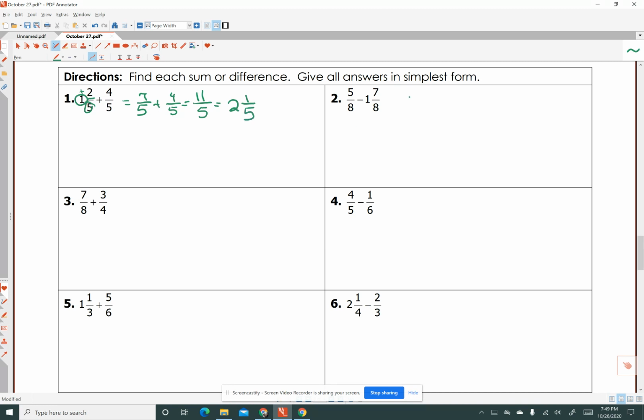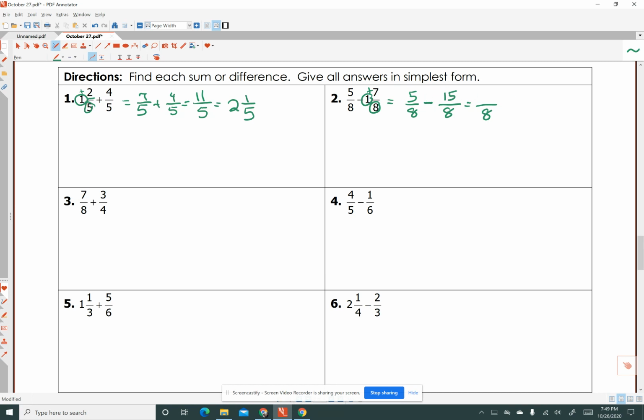Number 2, we have eighths already, so this is an easier one. We have 5/8 minus, now 8 times 1 is 8, plus 7 is 15. So our answer, we know, will be in eighths, but we have a greater number being taken from a lesser number.